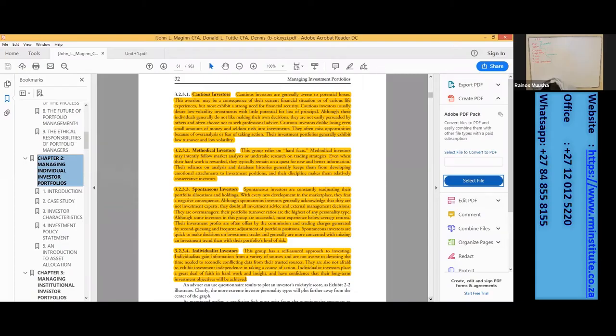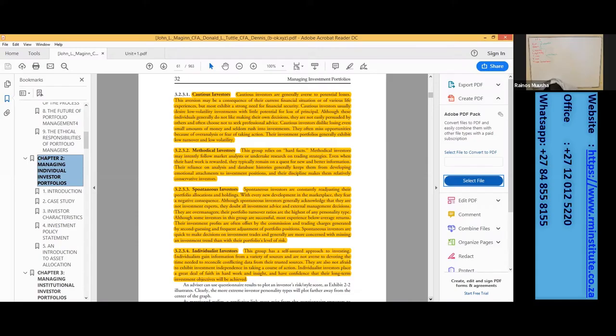Their portfolio turnover ratios are the highest of any personality type. Although some investors in this group are successful, most experience below average returns. Their investment profits are often offset by commission and trading charges generated by second-guessing and frequent adjustment of portfolio positions.